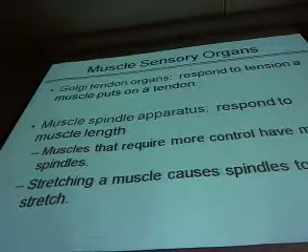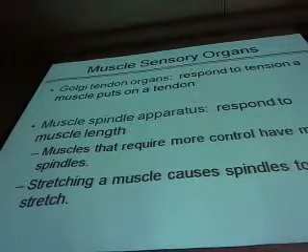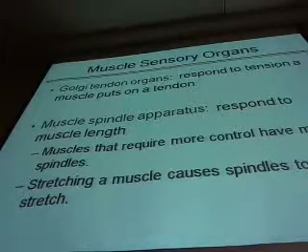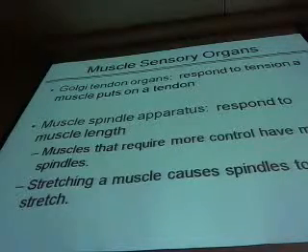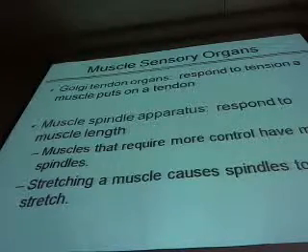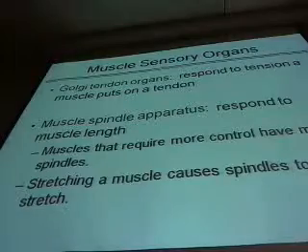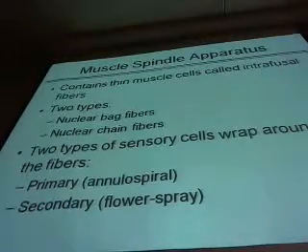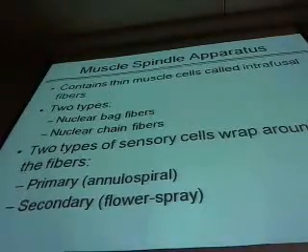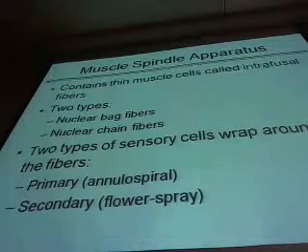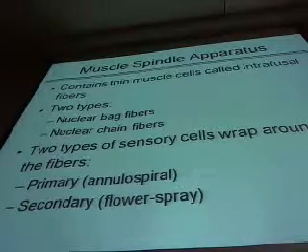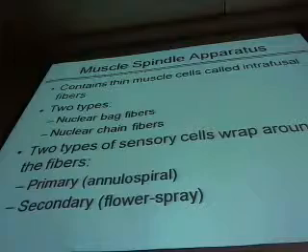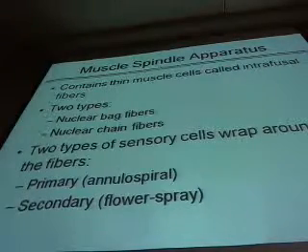Stretching a muscle causes the spindles to stretch, and they give the muscle more of a perception of where it's at. Tells us what's going on. The muscles contain thin muscle fibers called intrafusal fibers. You have two types: the nuclear bag fibers and nuclear chain fibers.